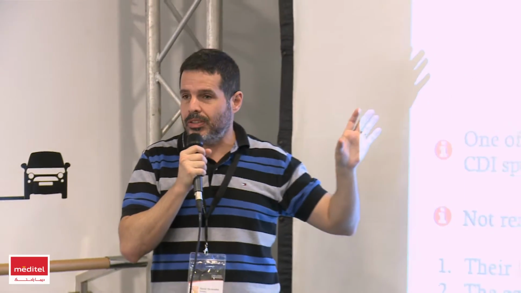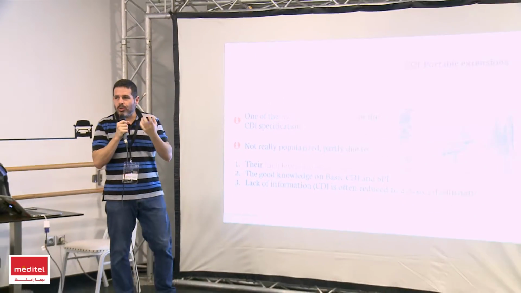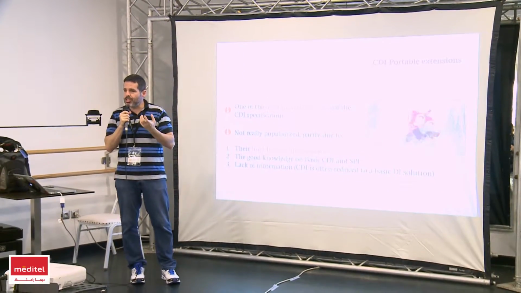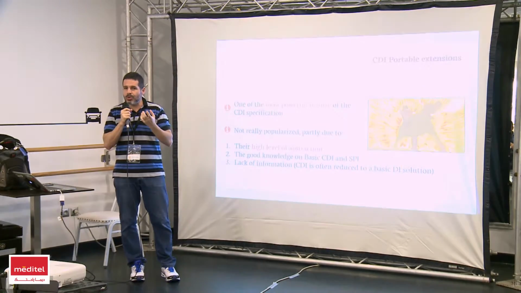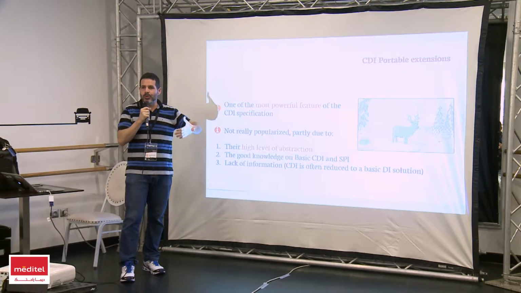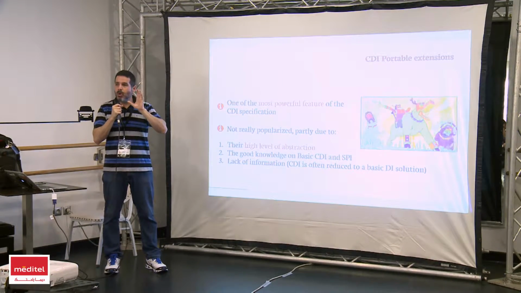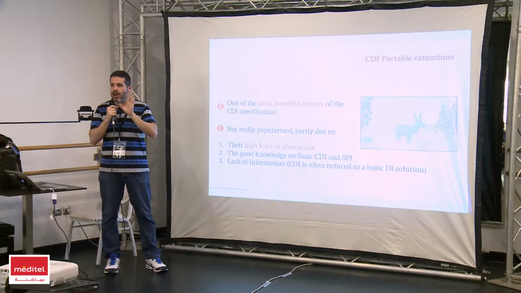But it has something very powerful in this specification, which is called the CDI Portable Extension. This feature makes a total difference in the specification because it allows CDI to be extendable. You can extend CDI, and this is one of the most powerful features of CDI.